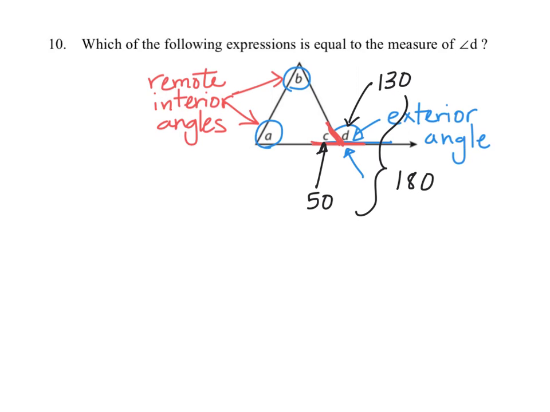Correct? Okay. If C again is 50, then these two must add up to 130. Even though we do not know which is the measurement of each one, we do know for sure that they add up to 130 because together with 50, this triangle must add up to 180.